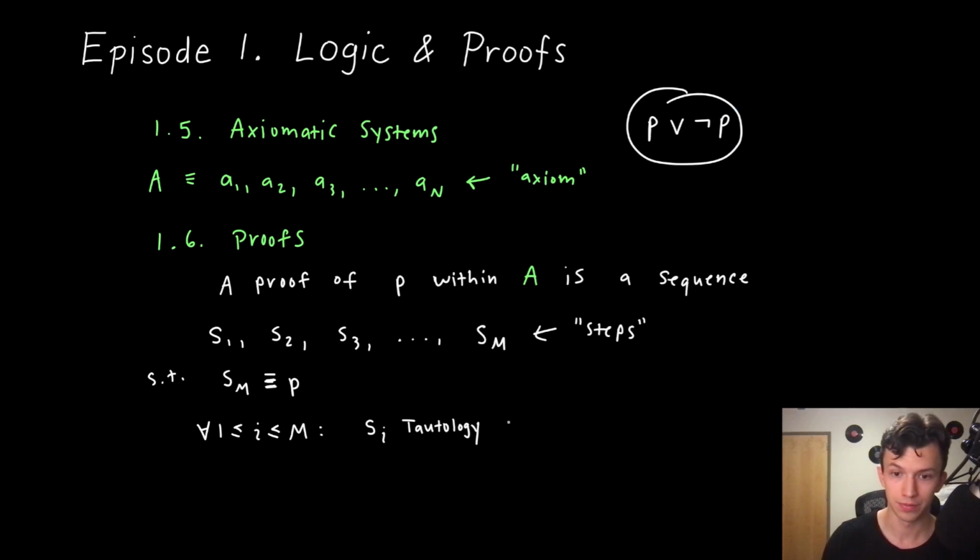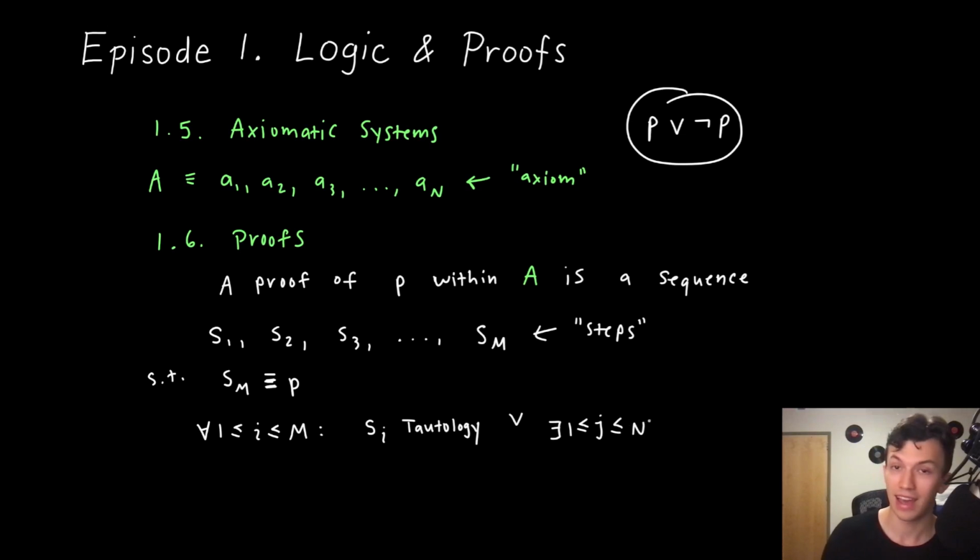Another thing that we could do, I'll use some of our notation here: or there exists a J in the range 1 to N, and remember N was the length of the axiomatic system.